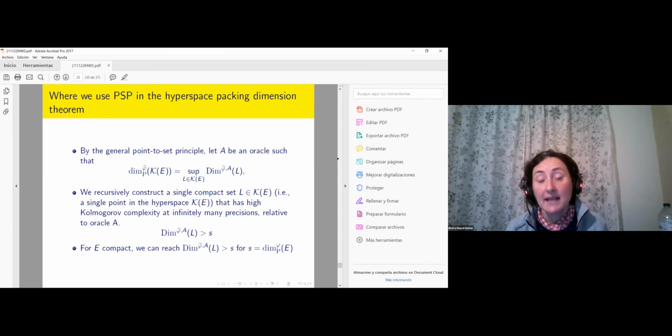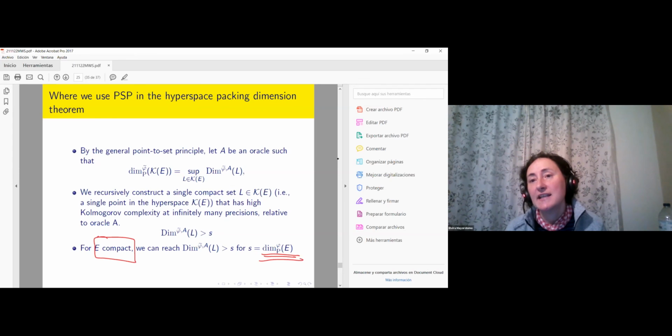What happens is that if you only look at compact sets, then the strong dimension of this set E is very close to what is called a box dimension. That is, in a way, it can be approximated in a very regular way.